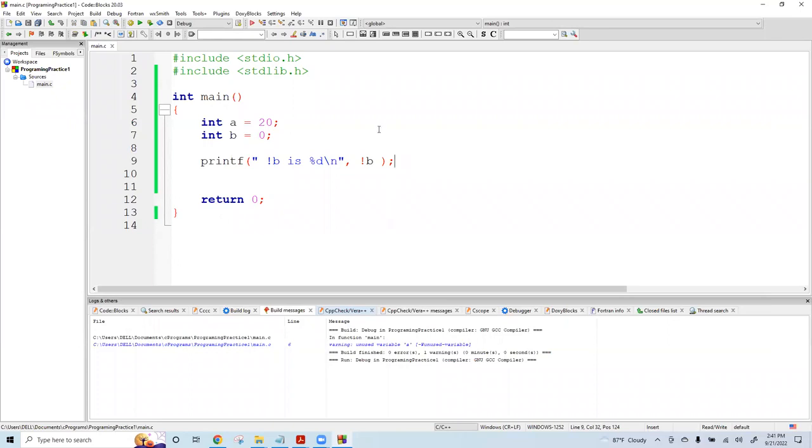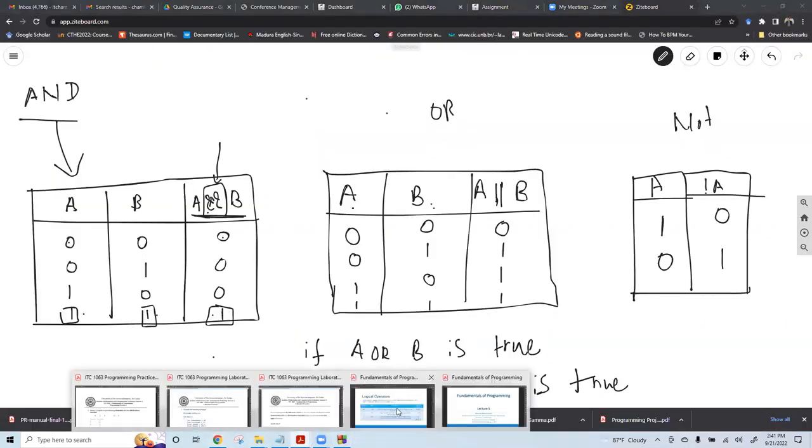But mostly we don't use this much with numbers, right? We use that especially in conditional statements, right? We use that a lot. So logical operators. Remember the 3 logical operators.